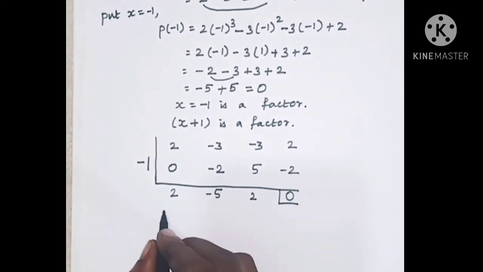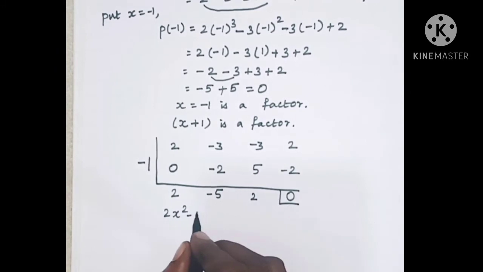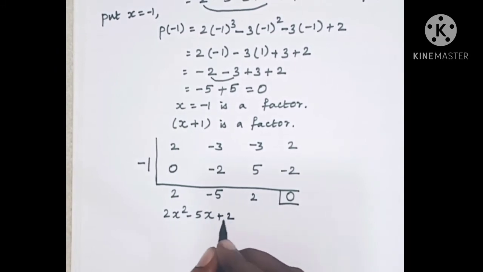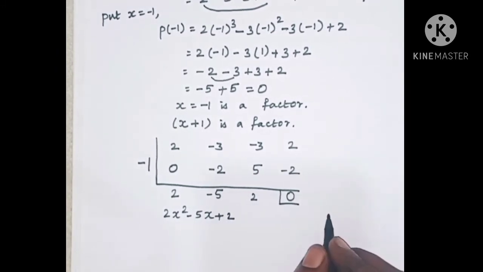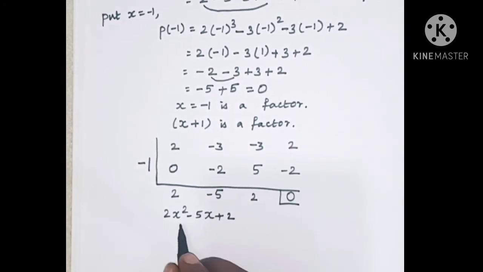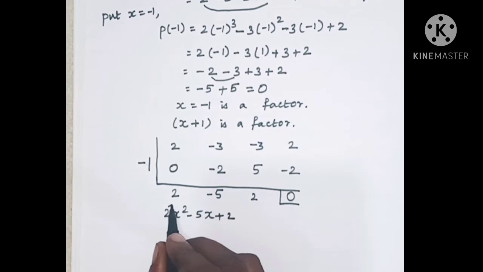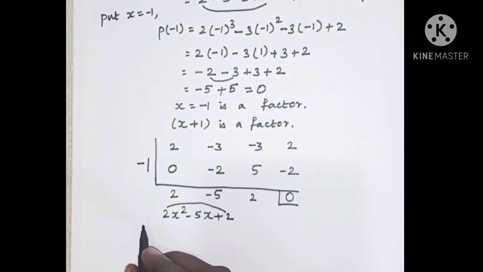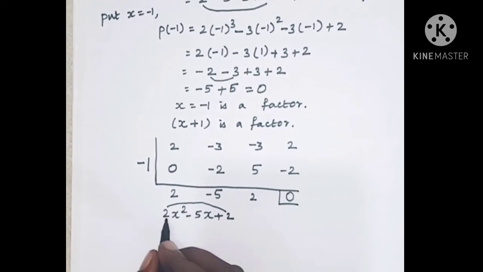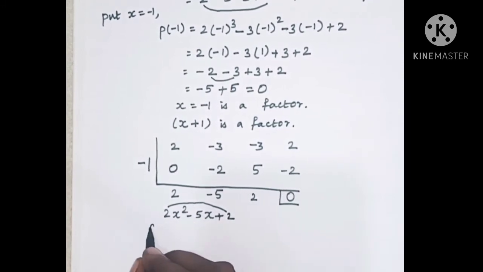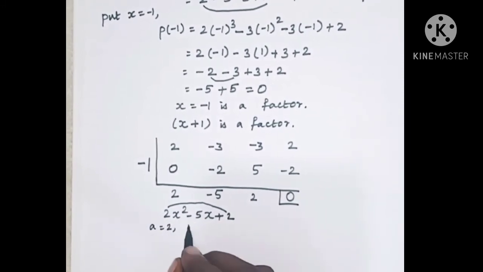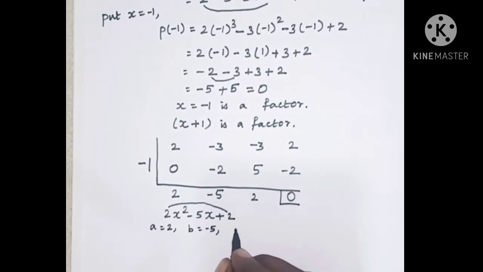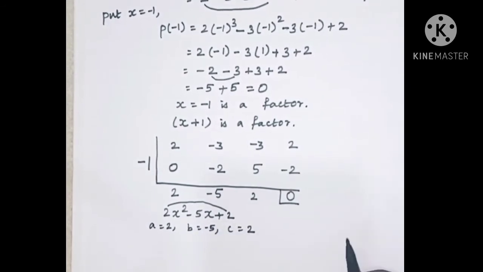So 2x square minus 5x plus 2 is the expression we got. Now we have to factorize this expression. Here we have to multiply a into c. In this expression the value of a is 2, b is equal to minus 5, c is equal to 2 again.